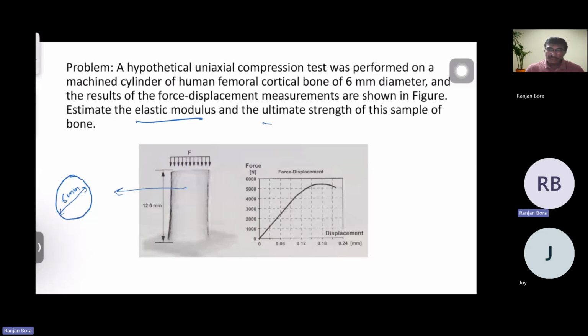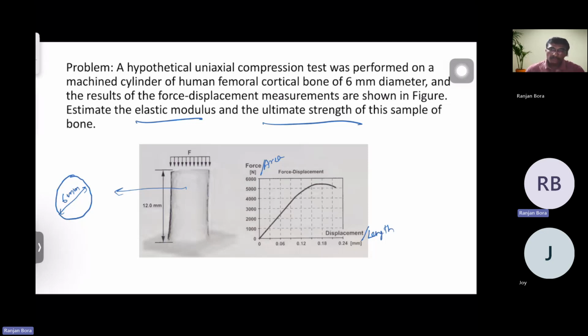The force displacement curve is given. If we divide the force by the area, we'll find the stress, and if we divide the displacement by the length, we'll get the strain. So first we have to find the slope of the linear part of this stress strain curve.